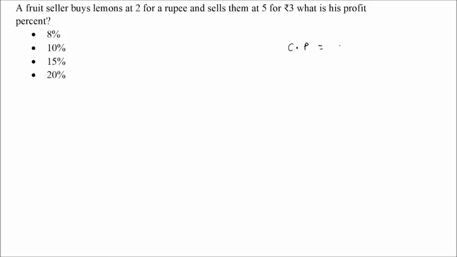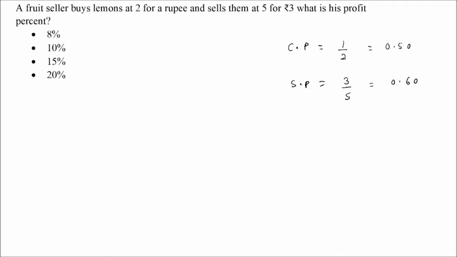That means the cost price of 1 lemon will be 1 upon 2, that is 0.50. For 1 rupee there are 2 lemons, that means the cost of 1 lemon will be 1 by 2. The selling price of a lemon is 3 upon 5.